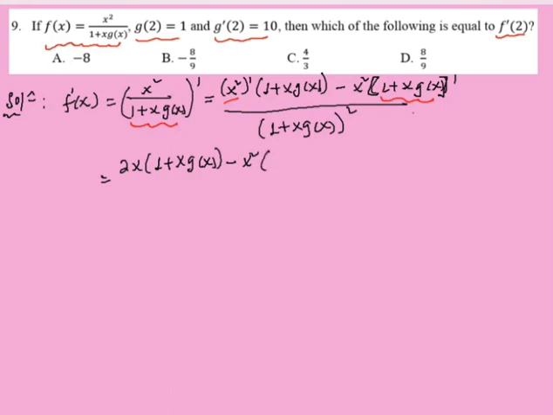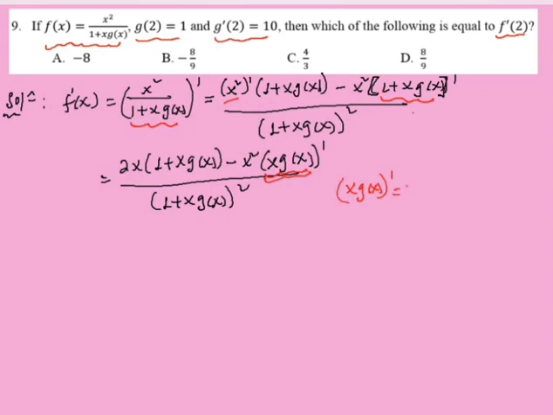Then we take the derivative of x g of x over 1 plus x g of x the whole square. Now here we apply the product rule for this part, x g of x. X g of x derivative means x derivative times g of x plus x times g derivative.